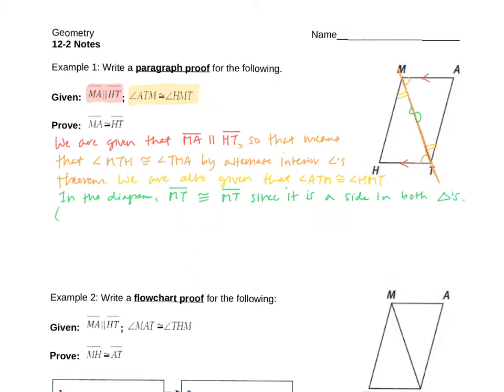And then we can say in parentheses, this is through the reflexive property. All right, so that gives us our angle, side, angle, right?